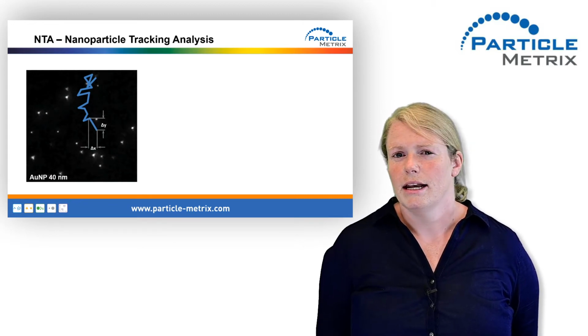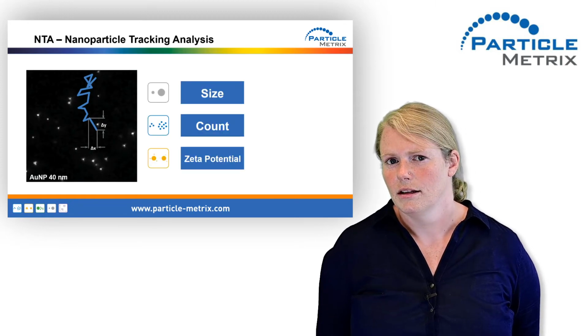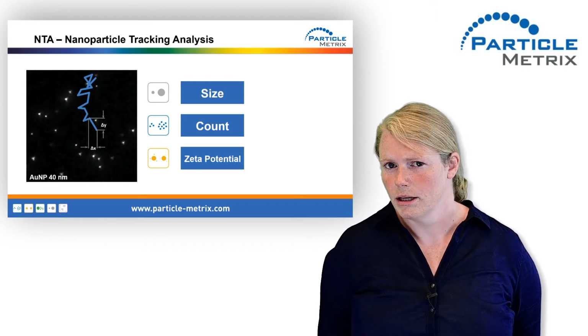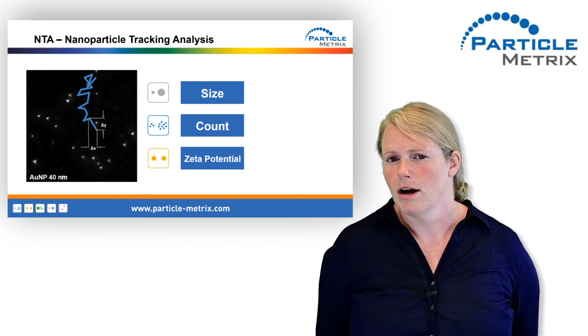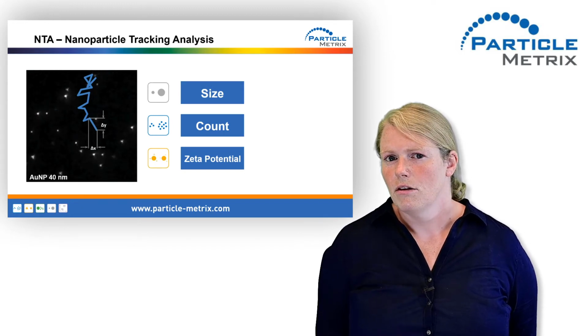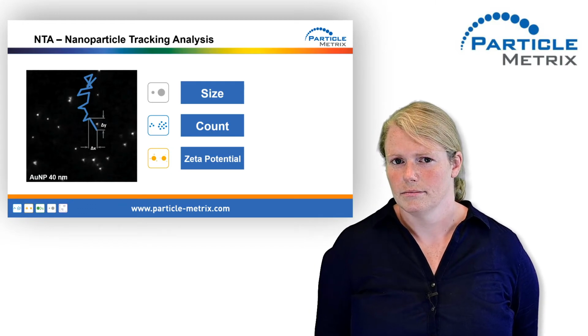That means by analysis of this movement, we get to know the size of each single particle, we get to know the count or the concentration of our particles in our liquid, and one special feature of our NTA system named ZetaView is the analysis of the Zeta Potential, which is describing the surface charge of our particles.